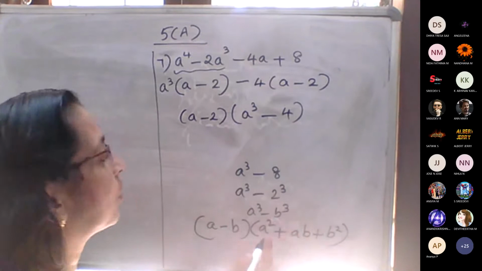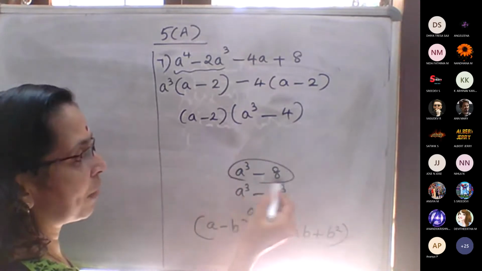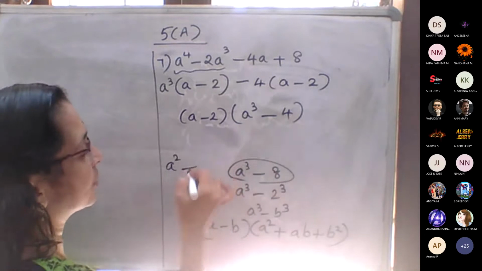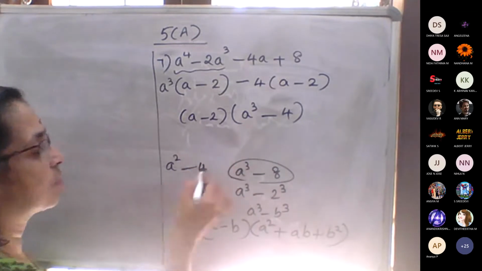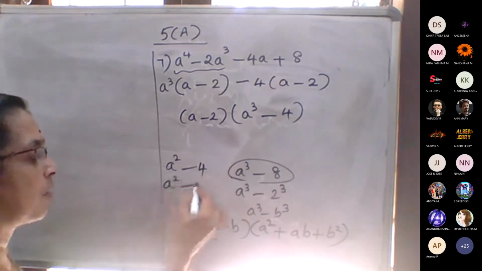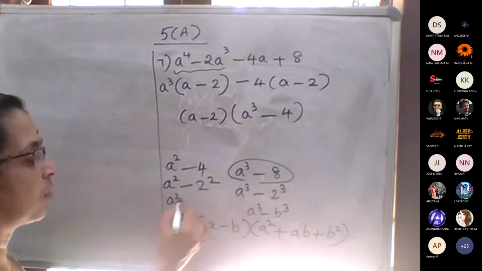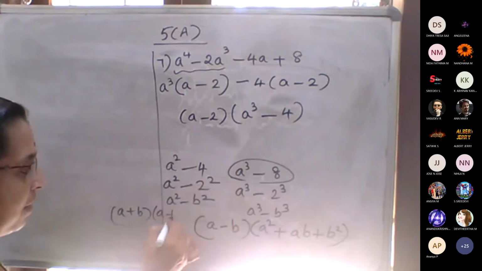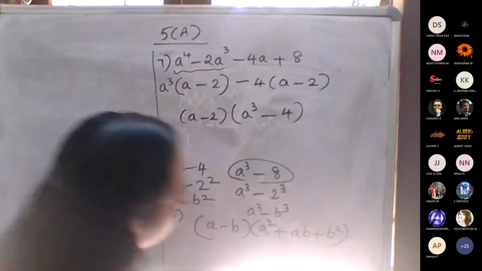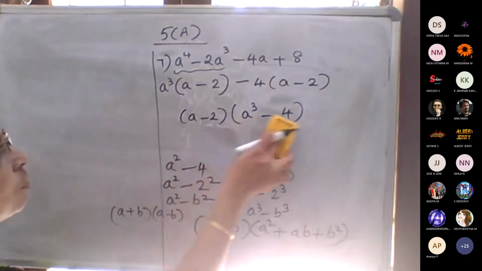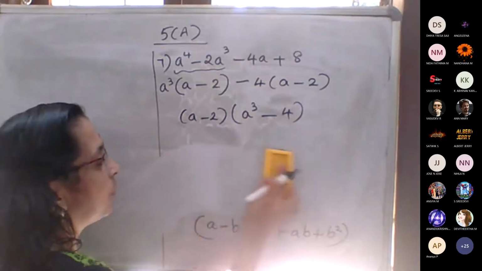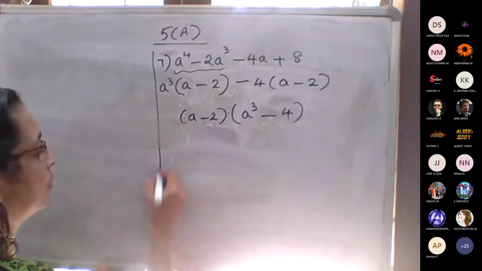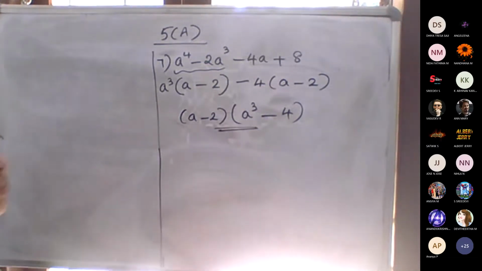Or if it were a square minus 4, you would write a square minus 2 square, that is a square minus b square form, that is (a plus b)(a minus b). But here we can't do anything. That is a cube and 4, nothing. So maximum simplification we have done, so this is the answer.